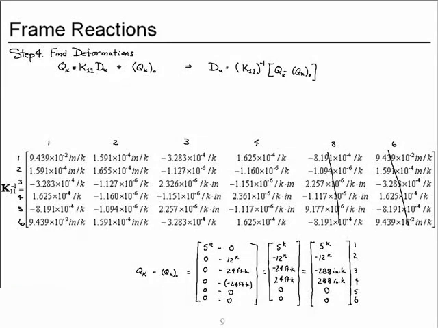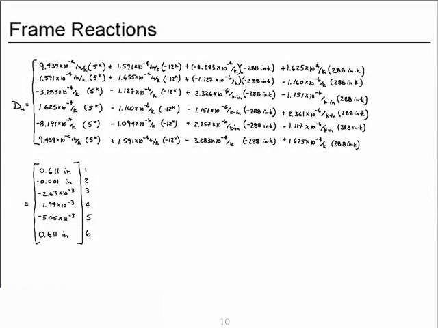We noted that Q for the unsupported degrees of freedom had to be in the same units as the coefficients in the K11 matrix, so we made that conversion. We multiplied the matrices, evaluated the expressions, and obtained the deformations.